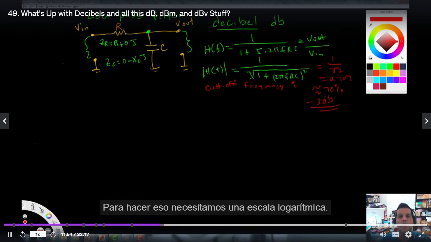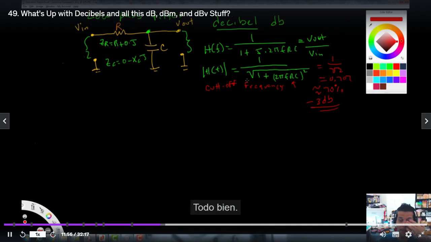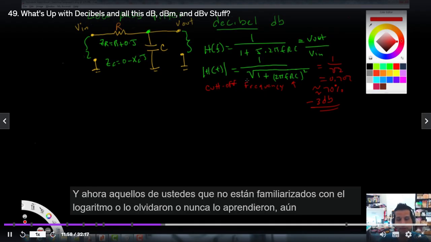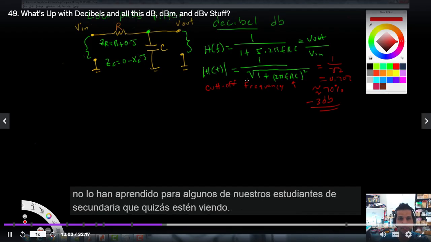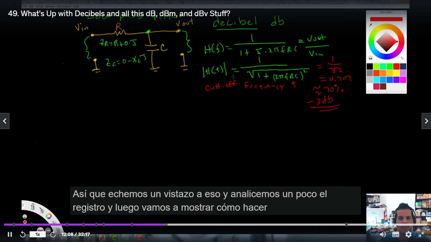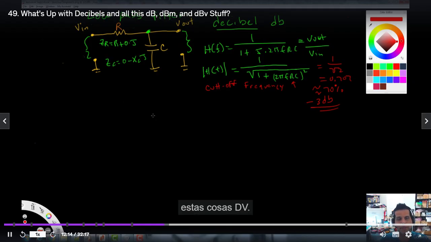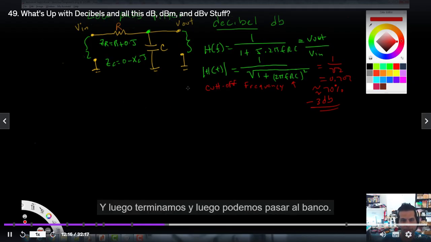To do that, we need a logarithmic scale. For those who are not familiar with logarithms, or forgot them, or haven't learned them yet, let's take a little segue and look at logs, then show how to do this dB stuff, and then we can move on to the bench.